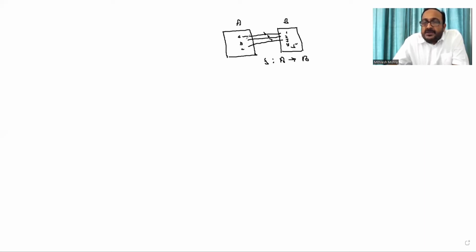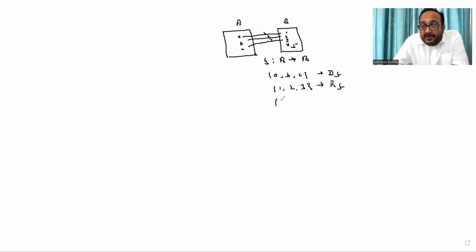All the elements of A, that is a, b, c, are known as the domain of the function. The elements in B related to A, that is 1, 2, 3, are known as the range of the function, right?